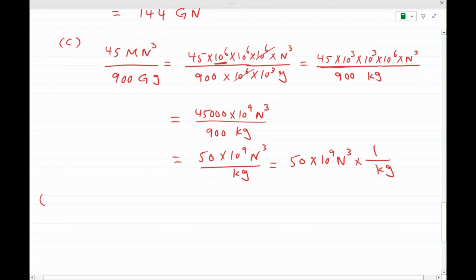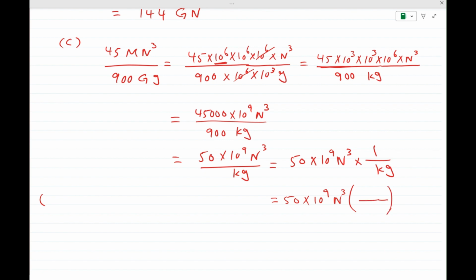I can simplify this further and say 50 times 10 to the power 9 newton cubed times a term so that I can get rid of this newton cubed and change it to kilo, therefore it's 10 to the power 3, and if I cube the whole term, I want something equivalent to 10 to the power 3, which is a kilonewton.